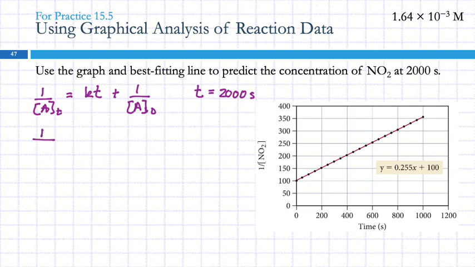So 1 over the concentration of A at time t equals the rate constant, 0.255, times 2,000 seconds. Oh, what the heck, let's put the units in there. Plus 100.